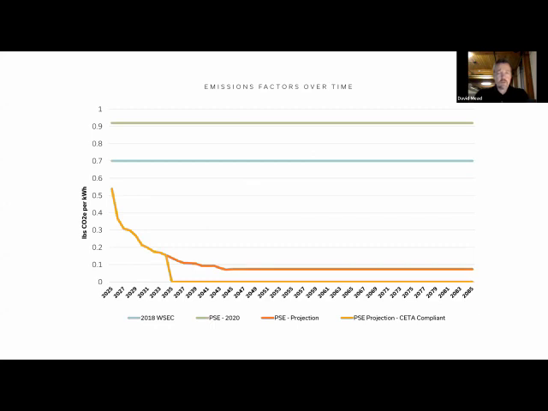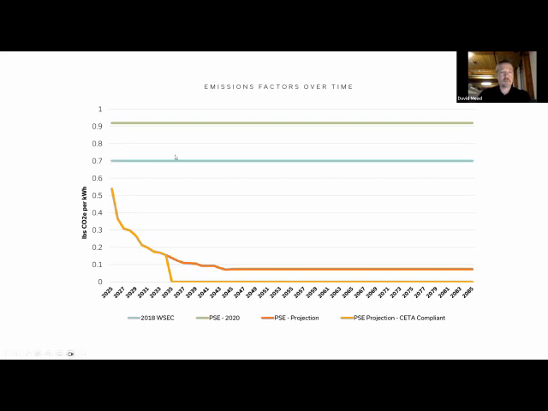The operational emissions, another aspect of it, in addition to the hourly emissions factors, there's another level of complexity in that the future projections of the grid change. And it depends on which projection you want to use when you're running your calculations. So in this example in Washington State, we were looking at the 2018 Washington State Energy Code.